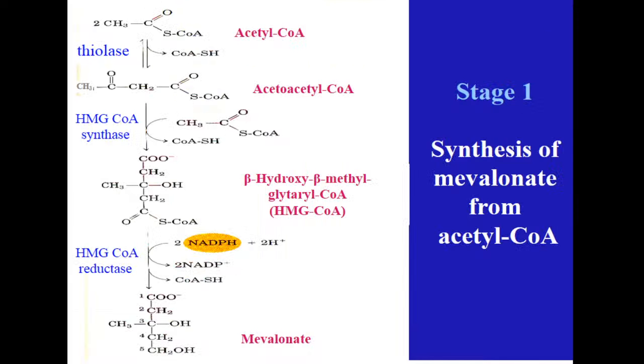So at the first stage, synthesis of mevalonic acid: reactions already known to you, repeat the first two reactions, the reactions for the synthesis of ketone bodies, because our aim is to obtain the same substance, beta-hydroxy, beta-methyl, or 3-hydroxy-3-methyl glutaryl coenzyme A. For this, at the first step, thiolase will condense 2 molecules of acetyl-CoA.